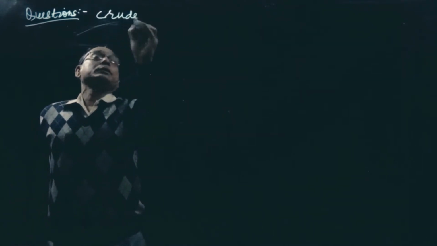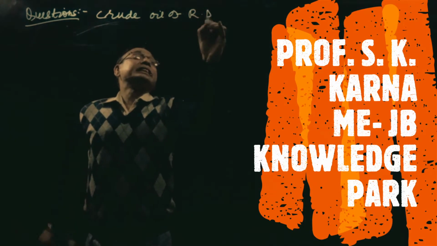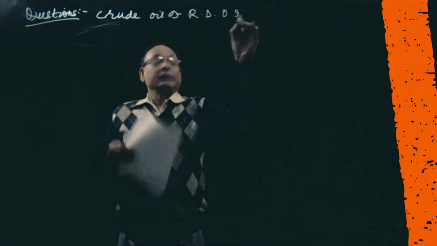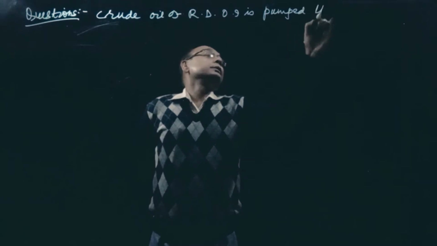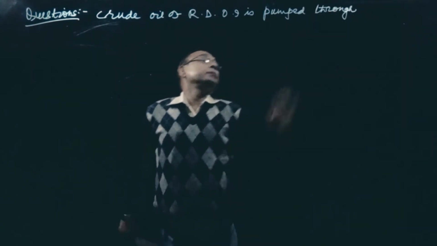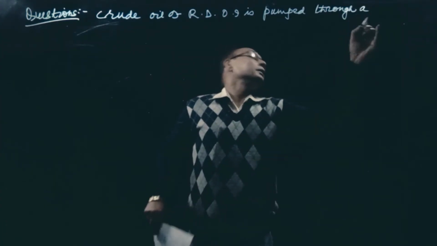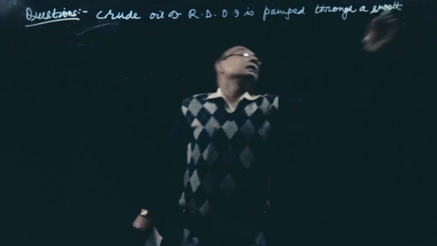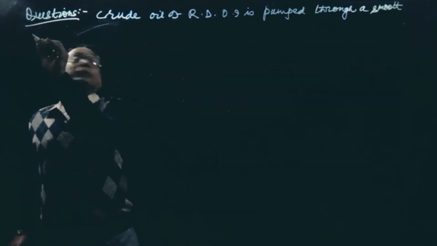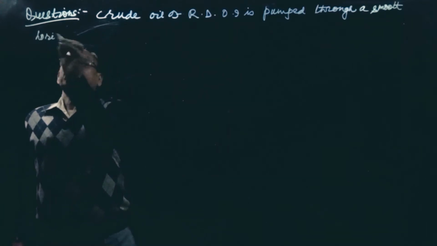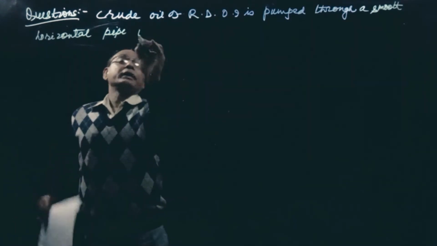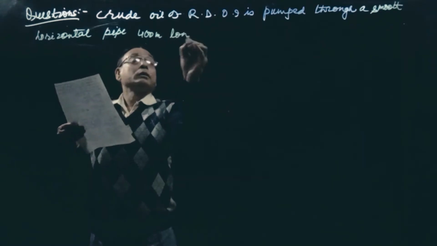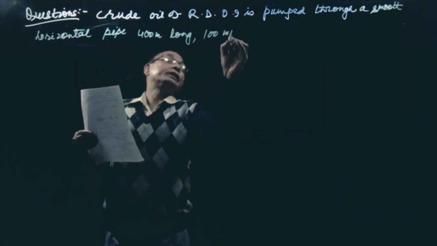Crude oil of relative density 0.9 is pumped through a smooth horizontal pipe, 400 meter long, 100 mm diameter.